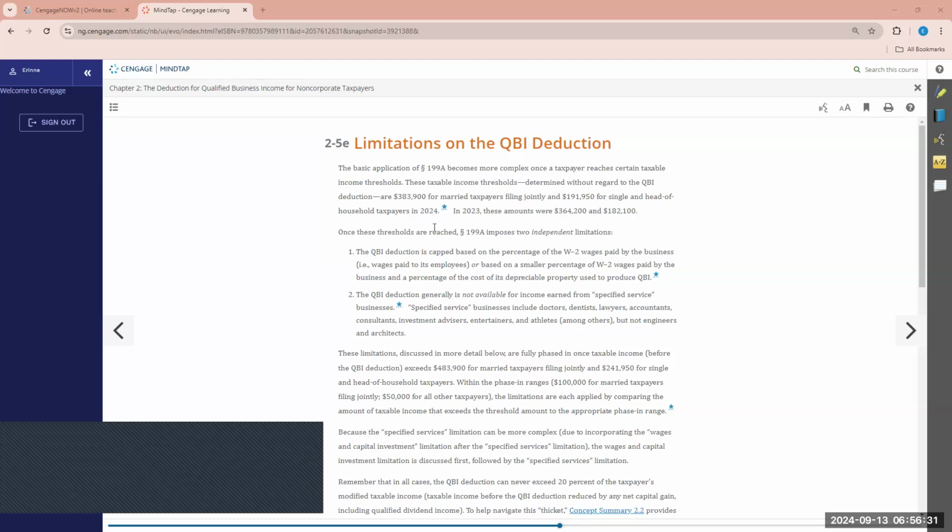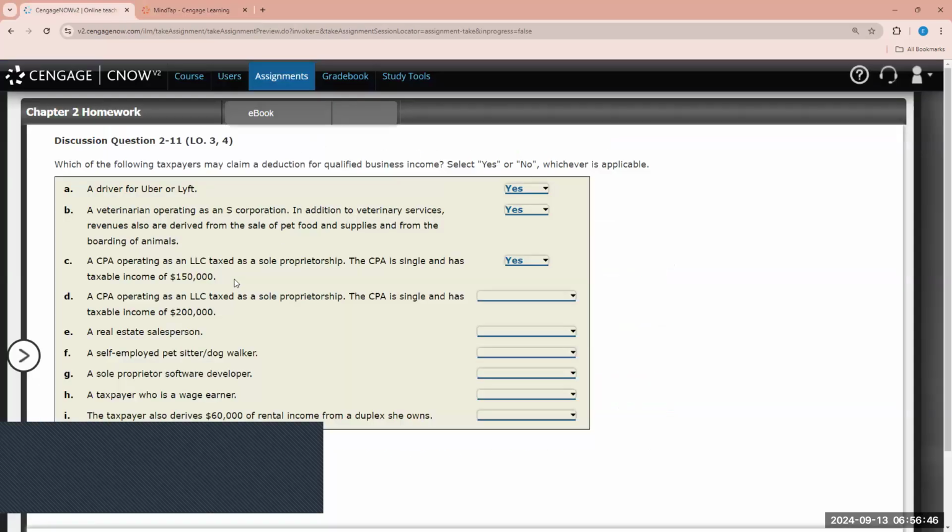That's the threshold for 2024, and in 2023 for married filing joint couples, it was $364,200. For single and head of household, $182,100. So based on this example we see here, the CPA had taxable income of $150,000.